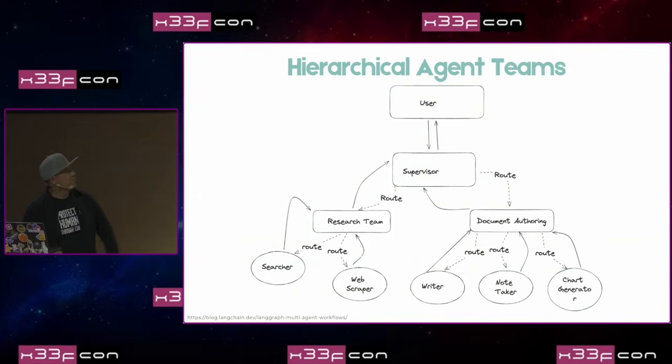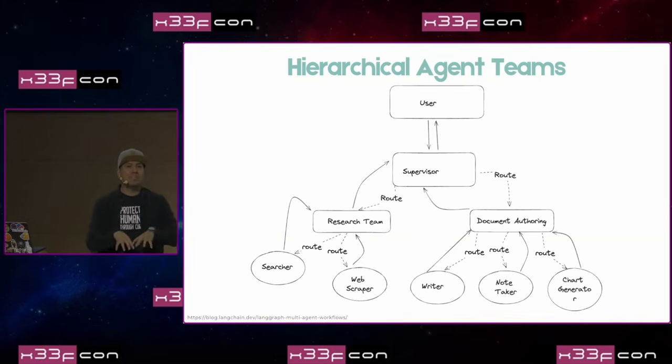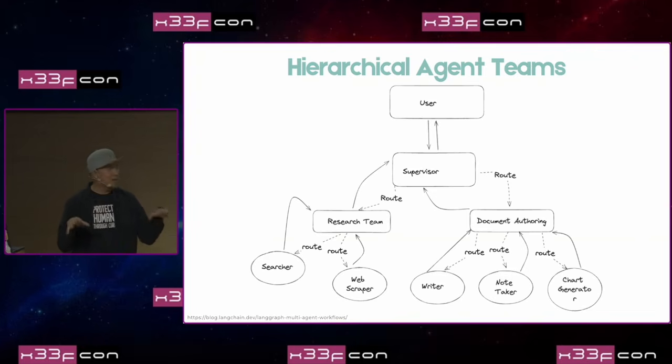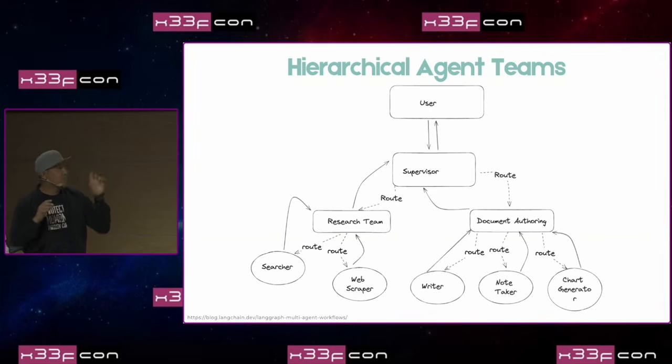The other one is, of course, that you can have the same concept of a supervisor, but instead of supervising agents, now you're supervising teams of agents. That starts becoming a lot crazier, but it's still a supervisor. All the supervisor has to know is that I have 2 teams. One is the dev team.